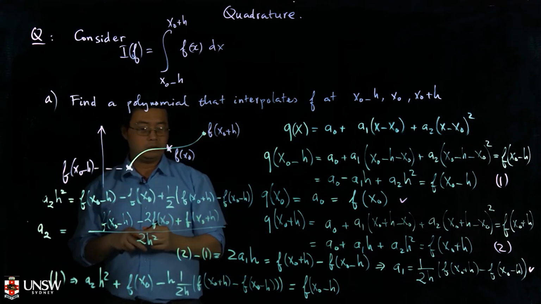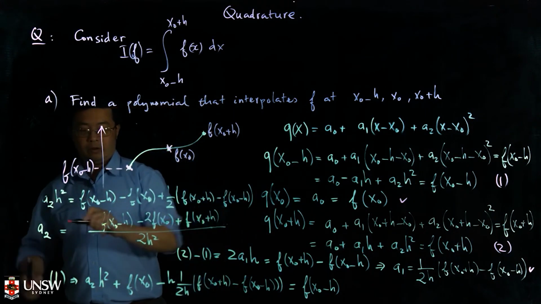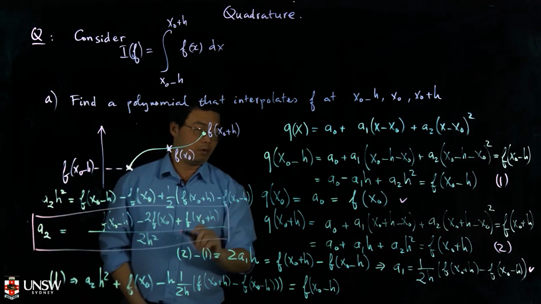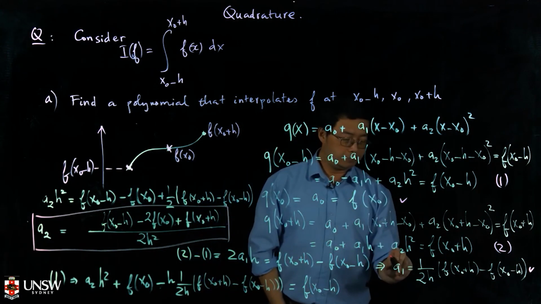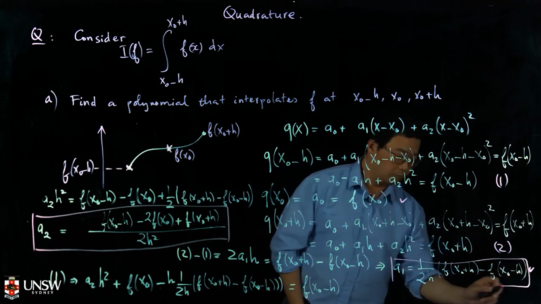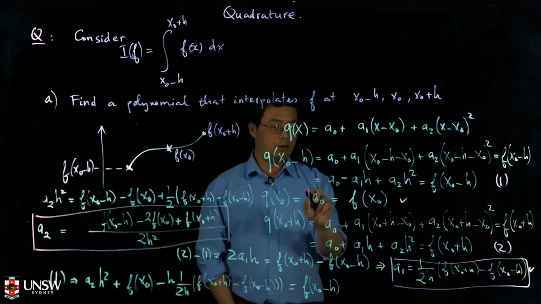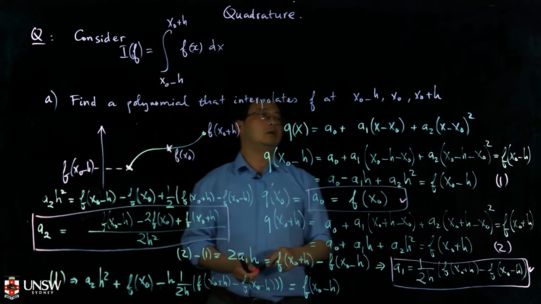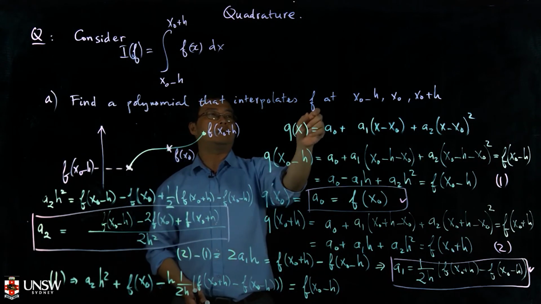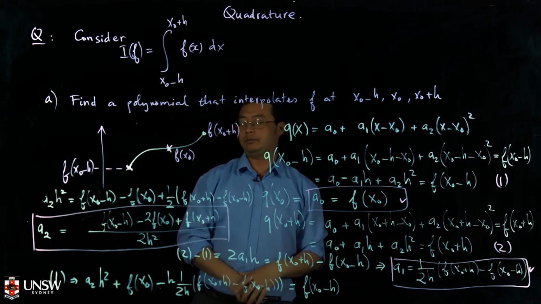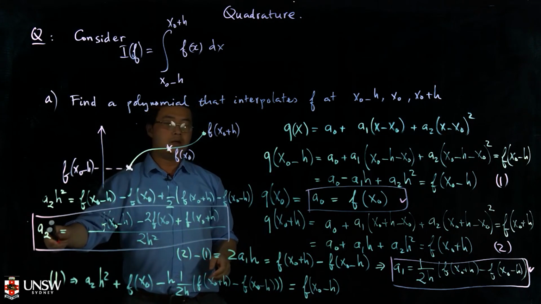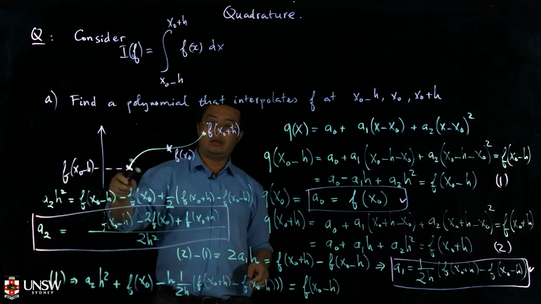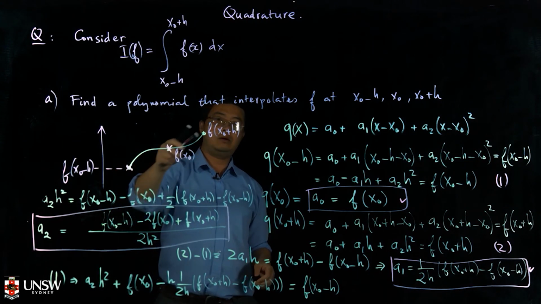So this one is a2, this one is a1, and this one is a0, and that completely specifies the polynomial that interpolates the function f at 3 points. Okay, so the coefficients are given in terms of the value of the function at the 3 points, x0 minus h, x0, and x0 plus h.